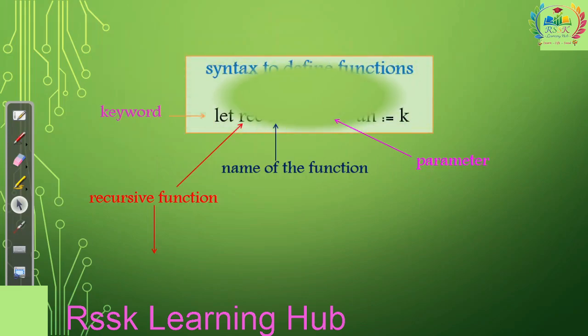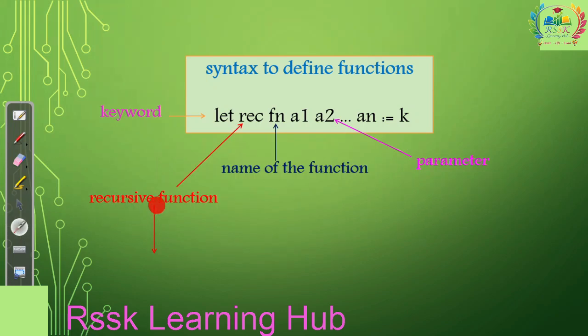This is the syntax for defining a function. That function is what, ma? A recursive function. I told you already. Recursive function means if any function wants to be run again and again, that function should be represented using the keyword rec. That is called recursive.